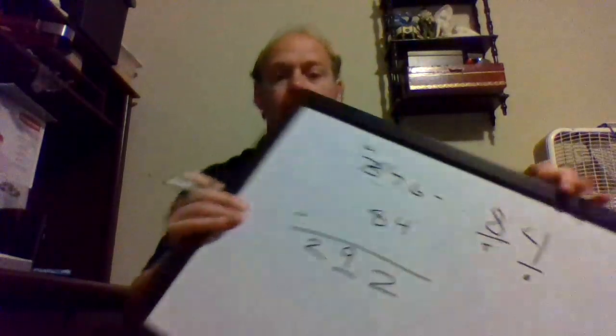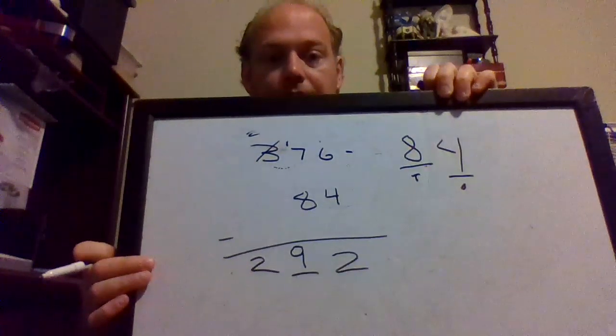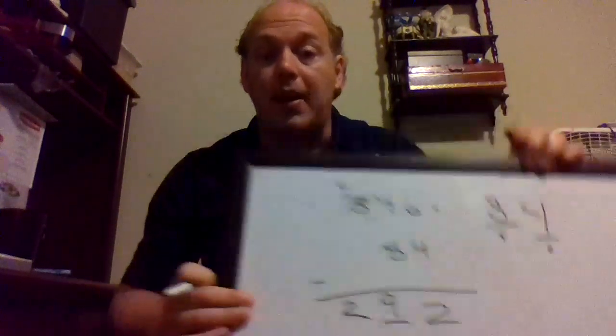Now, just to take it a step further, what place is the 9 in our answer in? What place is that, guys? Right, that's the tens. Very good. So the 9 is in the tens.